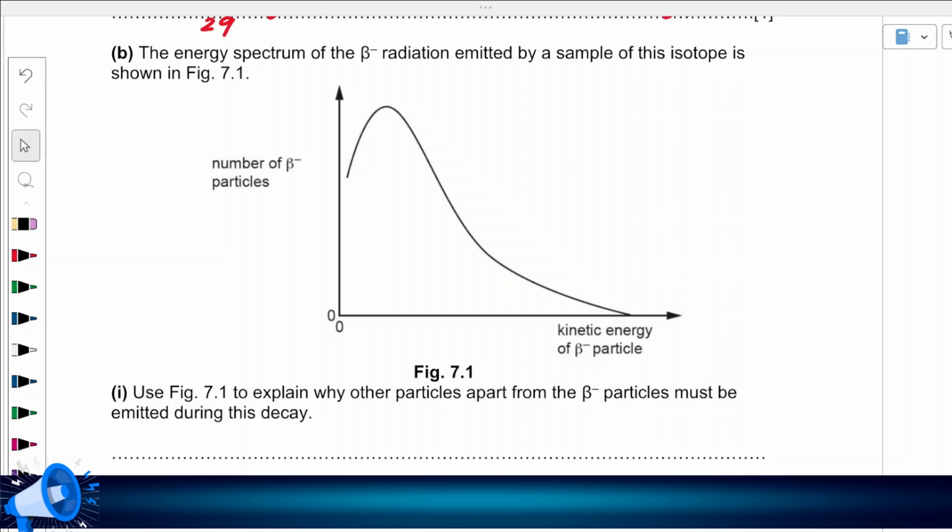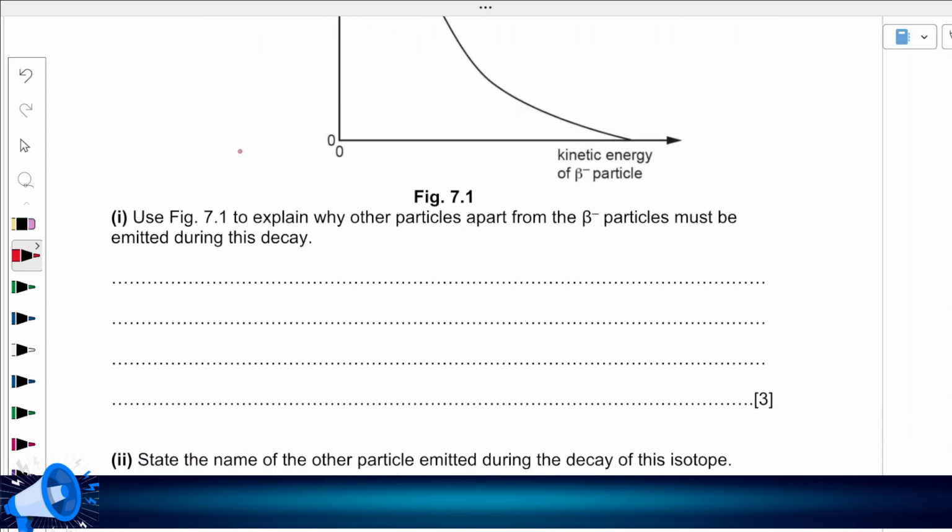Why is that? Because there must be another particle which possesses the remaining energy, and that particle is known as the neutrino. But if you have beta negative, then it is known as the antineutrino.